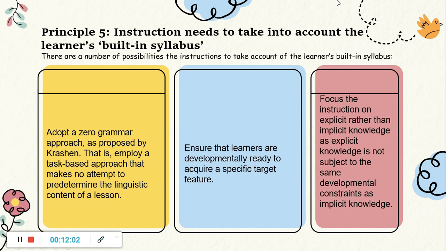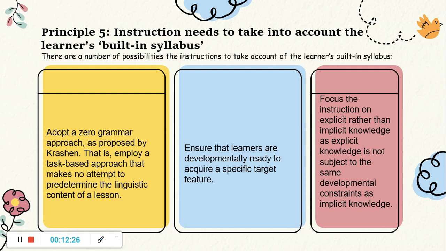There are a number of possibilities for instruction to take account of the learner's built-in syllabus. First, adopt a zero-grammar approach as proposed by Krashen. This is a task-based approach that makes no attempt to predetermine the linguistic content of a lesson.